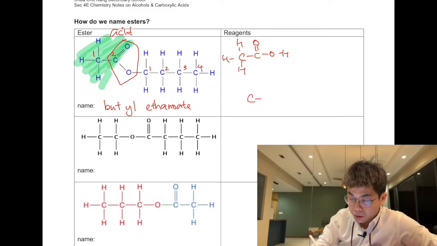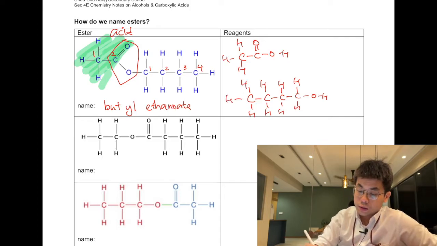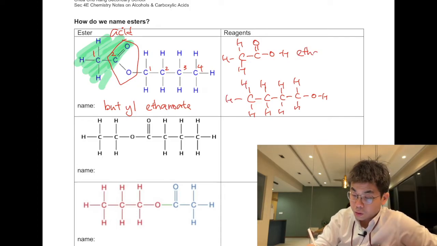Let me draw all the bonds first. Contains 4. So it's a reaction between ethanoic acid as well as butanol.